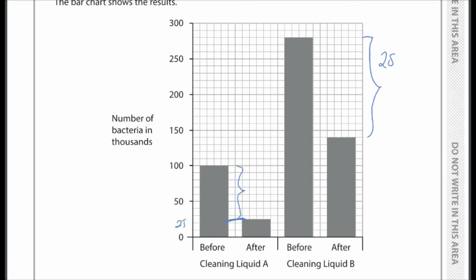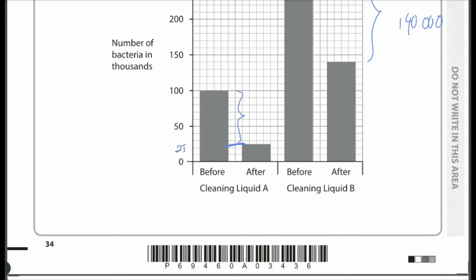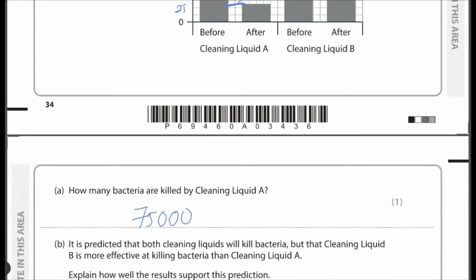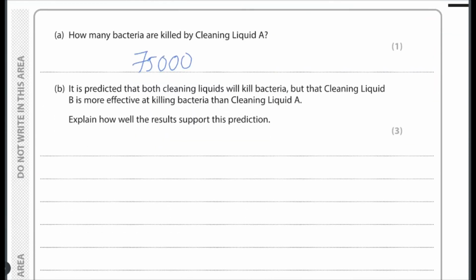280,000 minus 140,000. That will be around 140,000 difference. Now we know cleaning liquid A decreased only 75,000, but by using cleaning liquid B, there's a decrease of 140,000. So we'll note down that both cleaning liquids have killed bacteria.